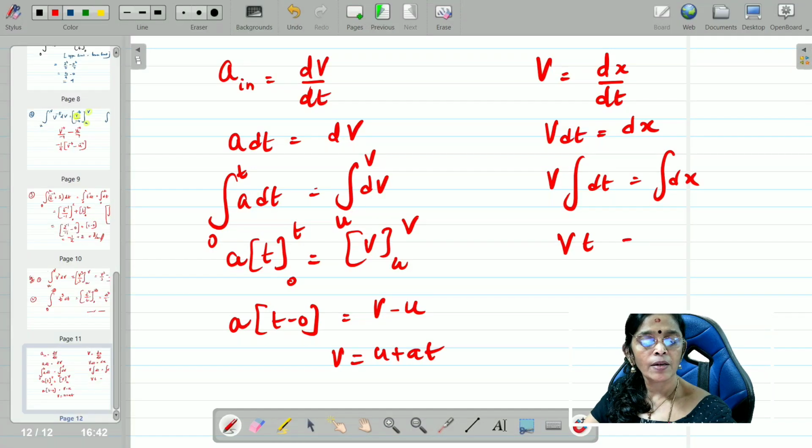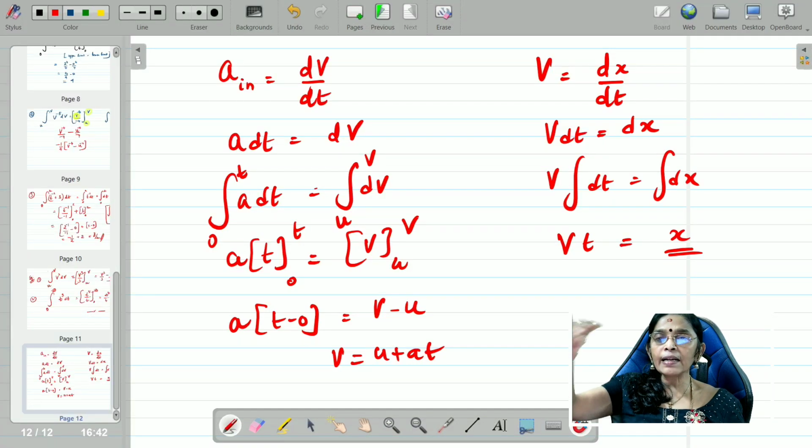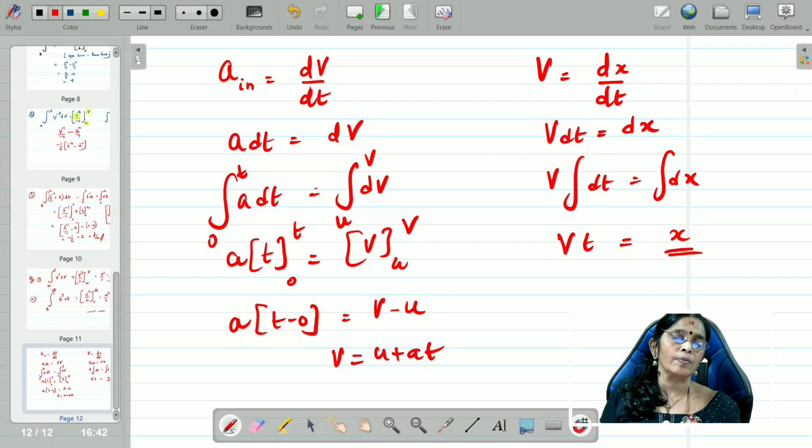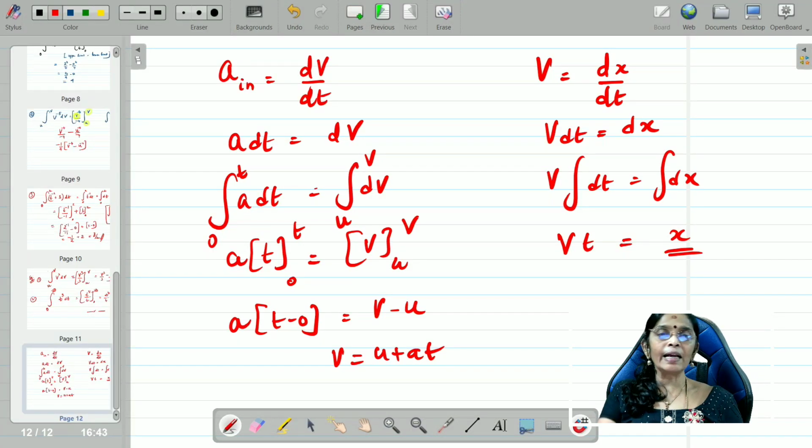So v into t is equal to x. So I found out what? x. So from the acceleration, if you integrate, you get velocity. From the velocity, if you integrate, you will get what? Displacement. If now I am going to differentiate, I will get the other way around.